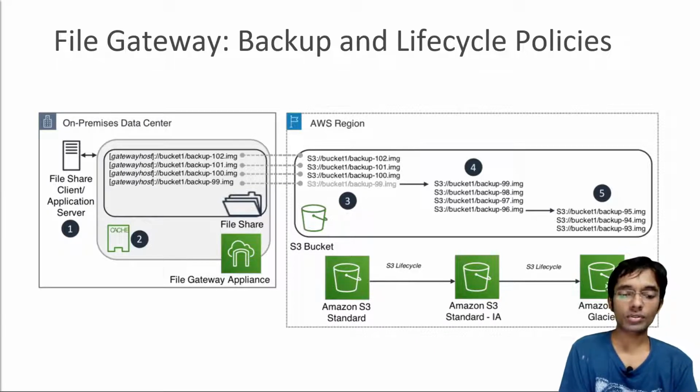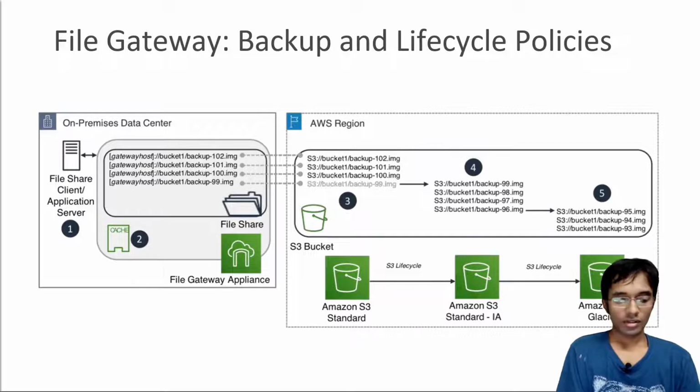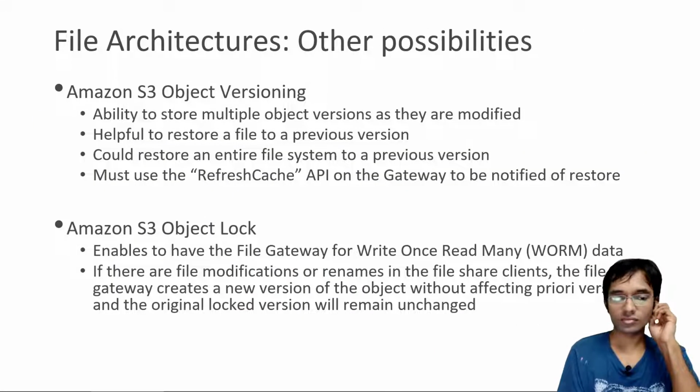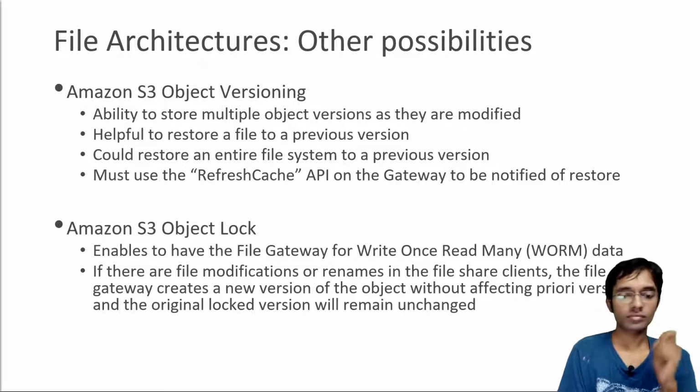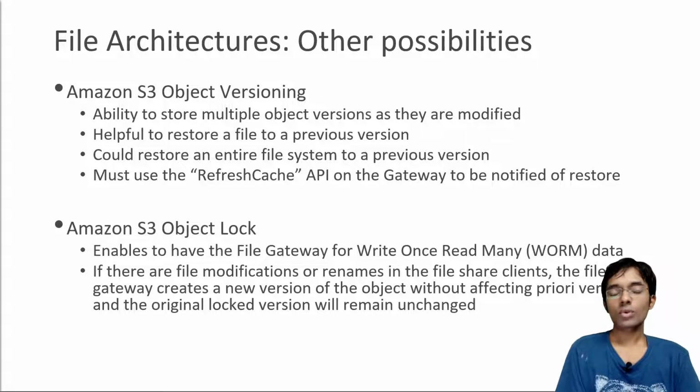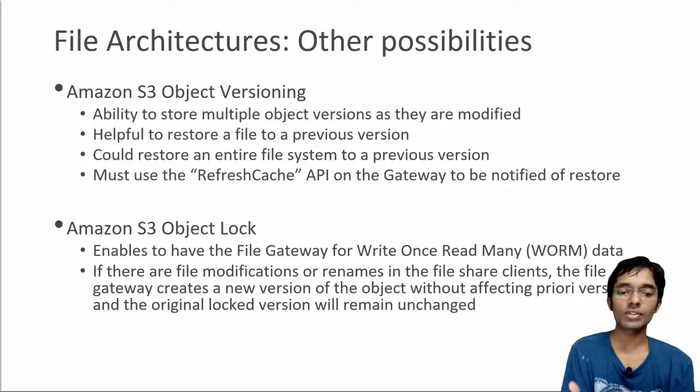So yet another thing to think about, this is Amazon S3. So we have so many other possibilities. The first one is that if you do enable Amazon S3 object versioning, then you can store multiple object versions as they are modified, which is extremely helpful if one of your engineers or one of your employees is asking you to restore a specific file to a previous version, because you are storing every single change in Amazon S3.